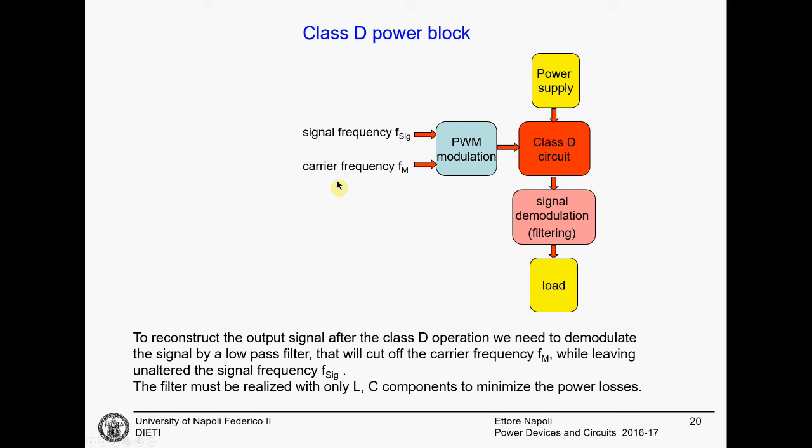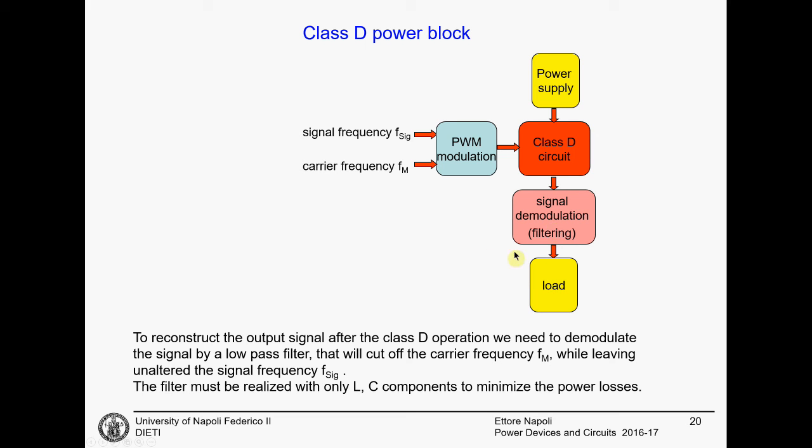This will have another given modulation frequency. The pulse width modulated signal here is then demodulated with a proper filtering, and the final signal, the amplified signal, is provided to the load.